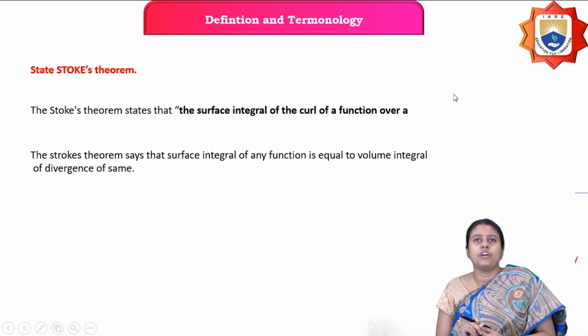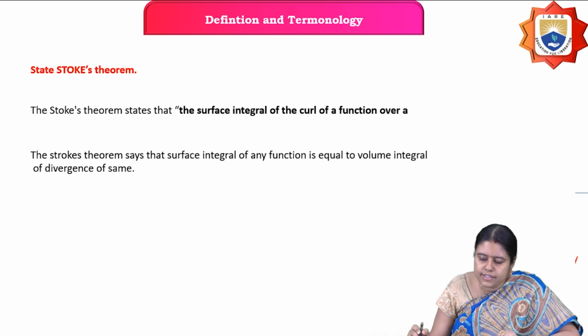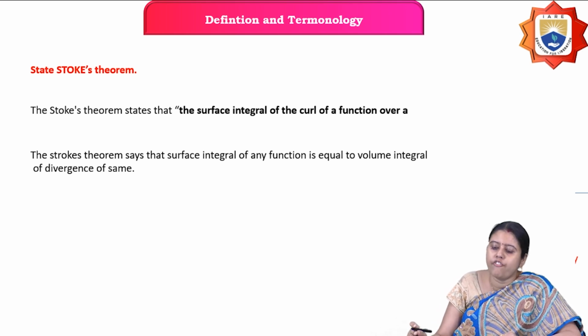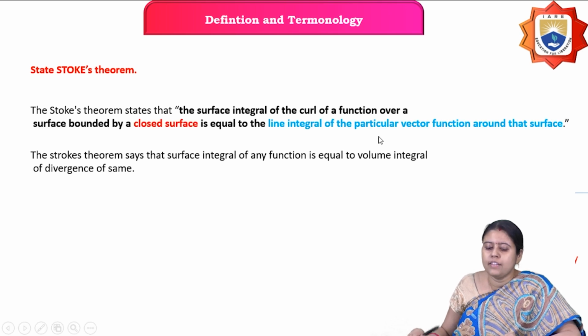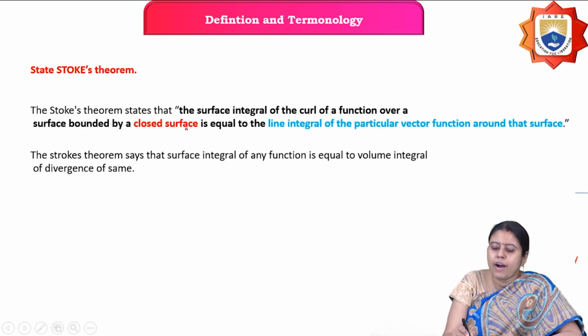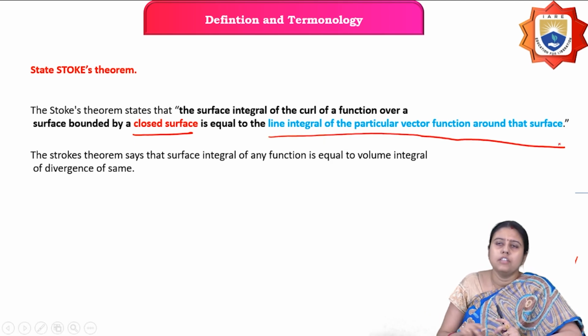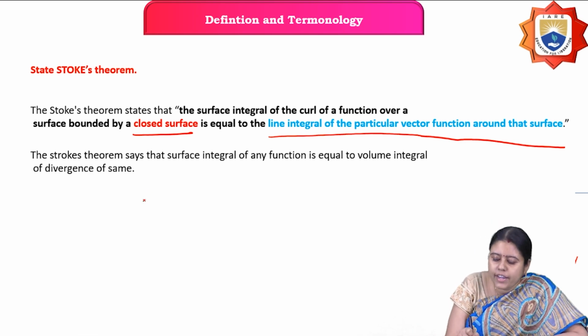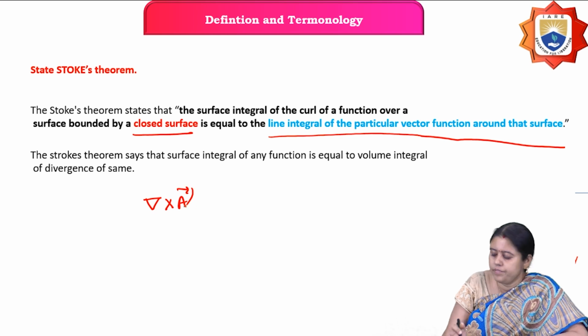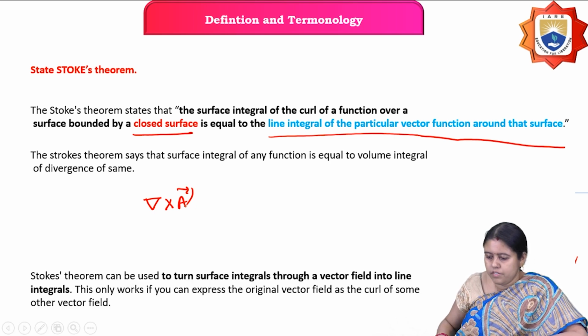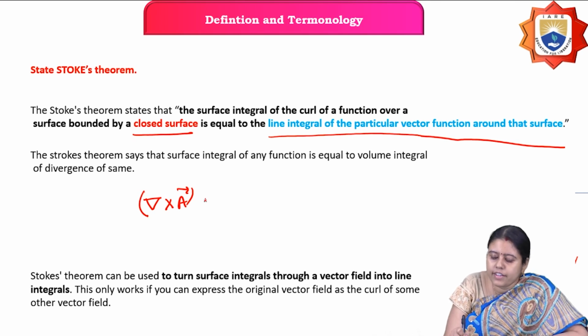What is the Stokes theorem? The Stokes theorem states that the surface integral of a curl of a function over a surface bounded by a closed path is equal to the line integral of the particular function around the closed path. So we can write the surface integral of grad cross A dot ds.